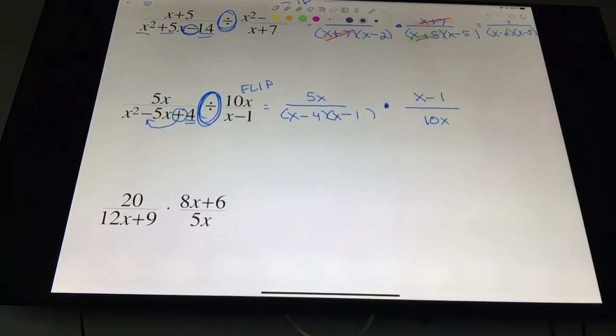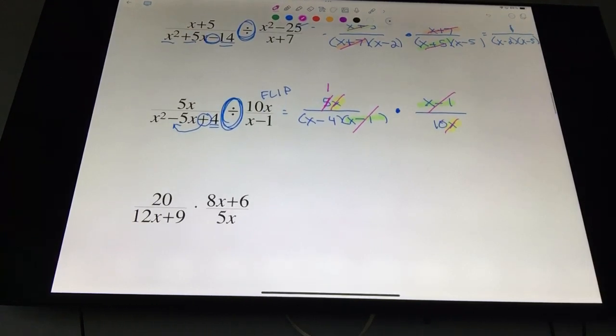So x minus 1s are going to cancel because they look alike. X's are going to cancel because they're alike. And then lastly, I can reduce my 5 and 10. 5 goes into itself 1 time, 5 goes into 10 2 times.